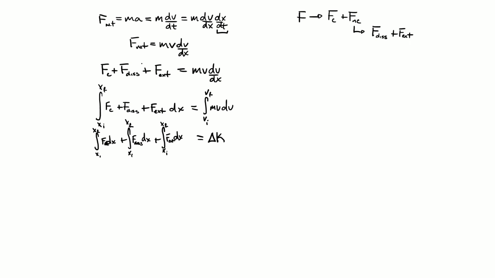The integral of the force with respect to distance was just work. For our conservative forces, we defined change in potential energy as negative the work done by those forces. So this is our work done by our conservative forces, and it's equal to negative the change in potential energy.